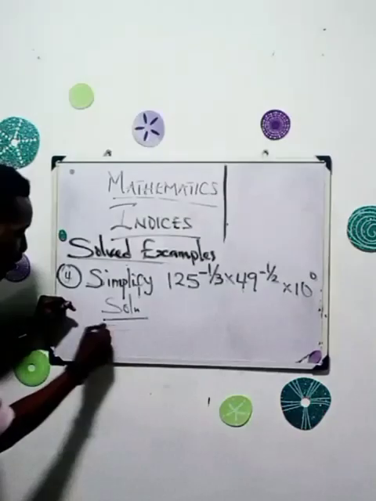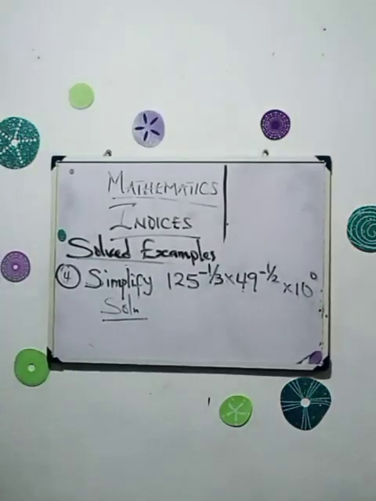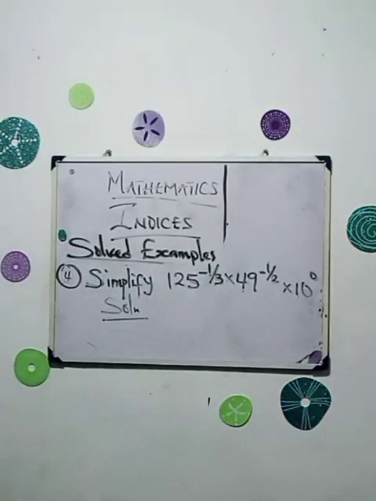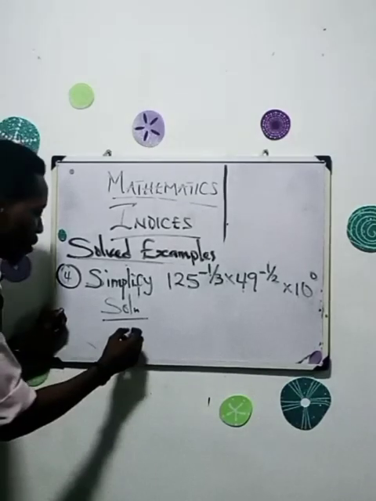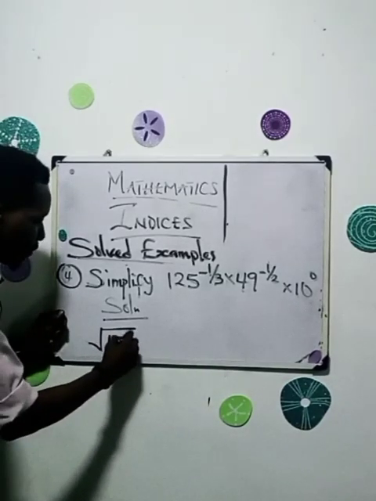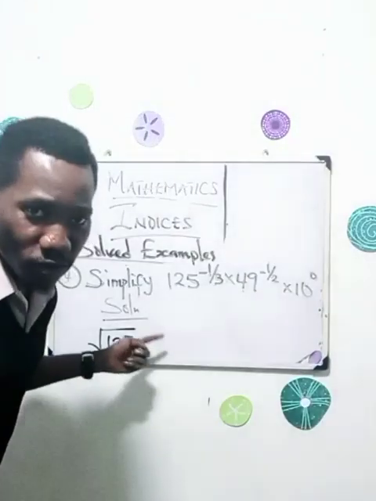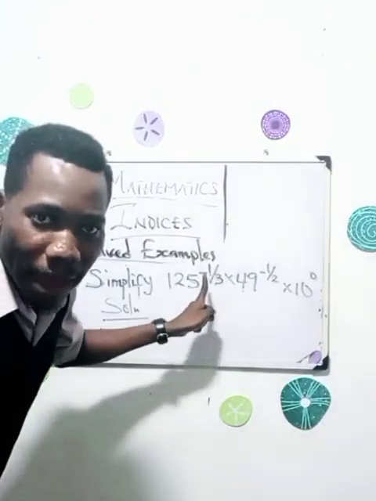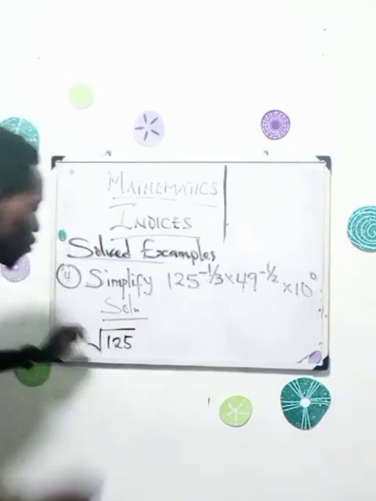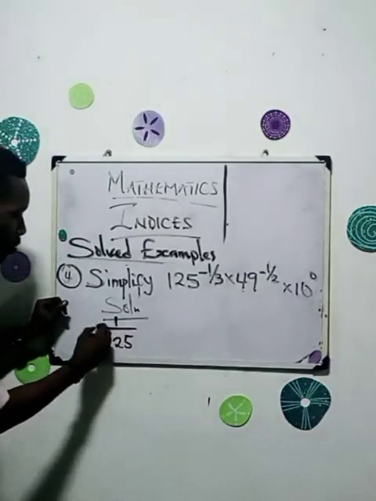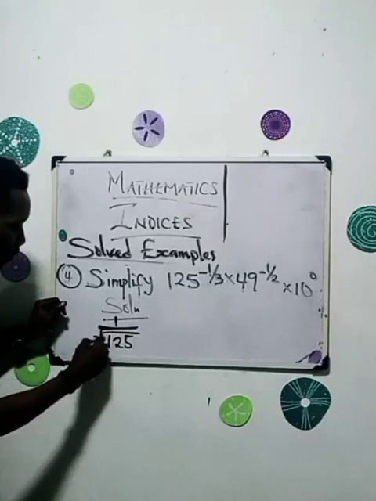So we have the cube root of 125 raised to the power of 1, which I don't need to write because it's going to give me that. Alright, so now I have negative power here, so it's going to be 1 over. So 1 over the cube root of 125.